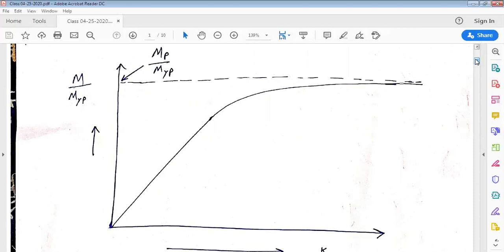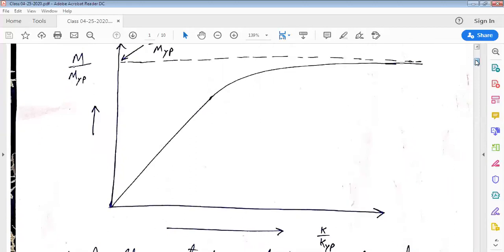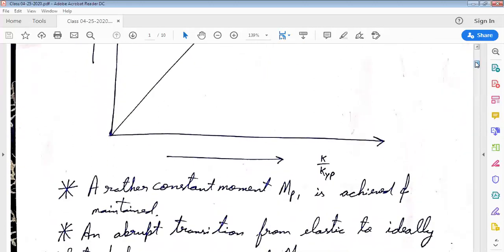The structure cannot experience more moment than this, although the deformations are large. So there is a limiting moment against which the structure deforms plastically and experiences large deformations. You can see that a rather constant plastic moment MP is achieved and maintained during plastic deformation.